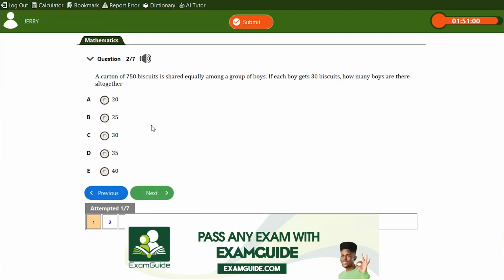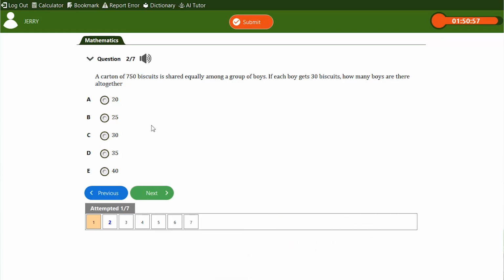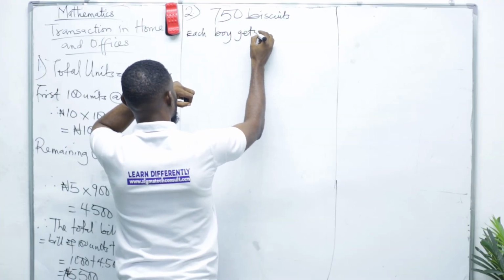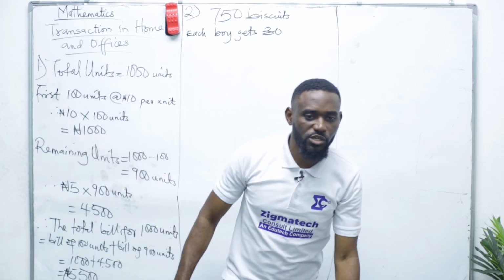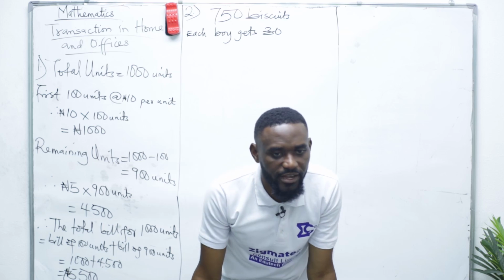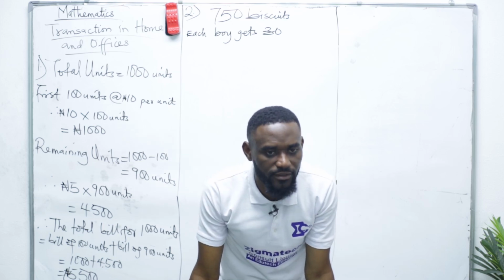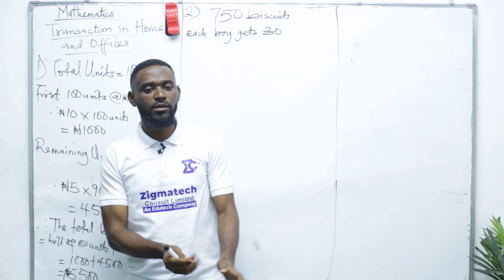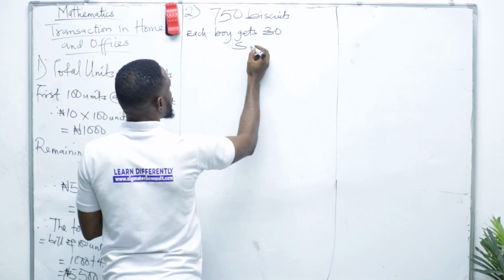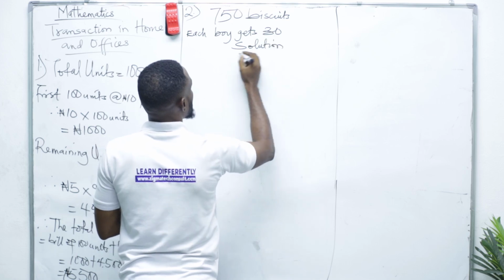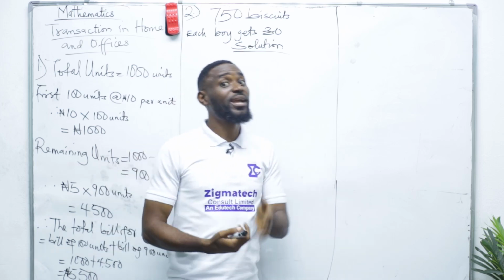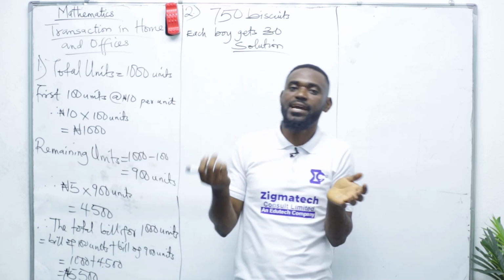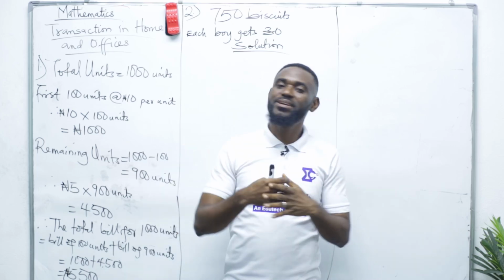So they say each boy gets 30. So the question says how many boys are there altogether? We don't know. So they're asking us how many boys are there altogether. So we can say let the number of boys be X, be A, be Y, be anything.